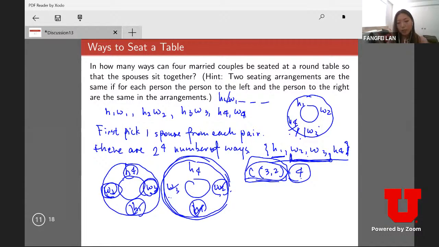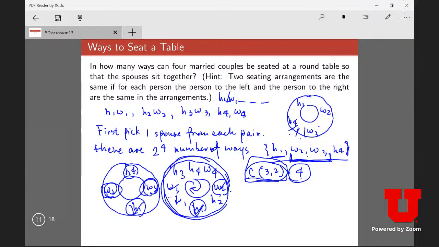So now we have to put the spouses in, and we want them to sit together. So basically we're going to do something like this: W4, H2, W1, and then H3. We can either do this, where we put everyone on their spouse's left side, or we can do them the other way around, where we put everyone on their right side.